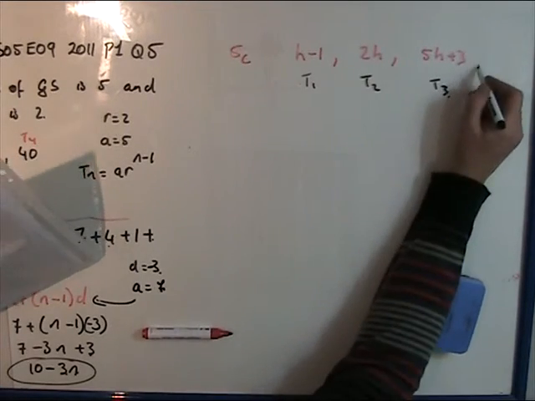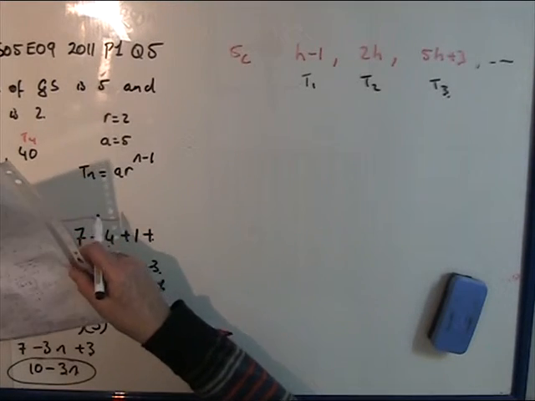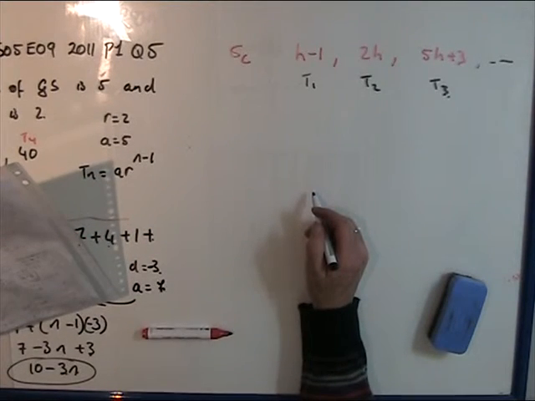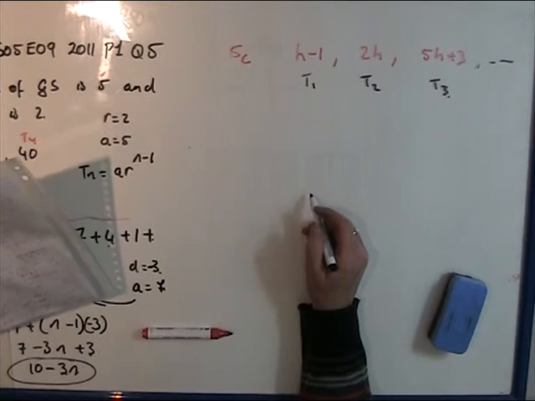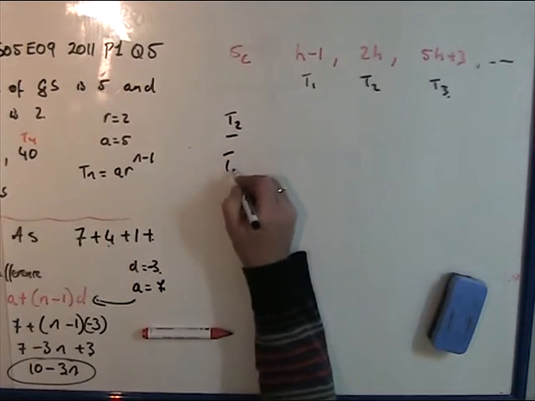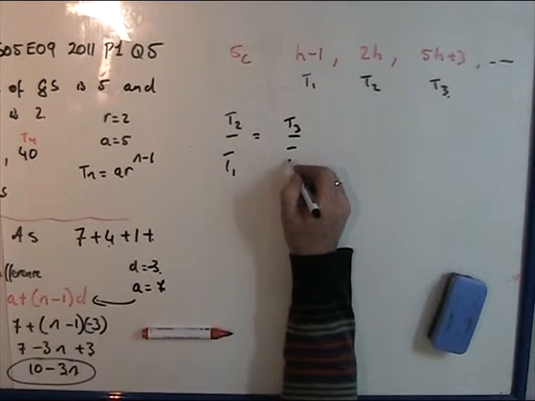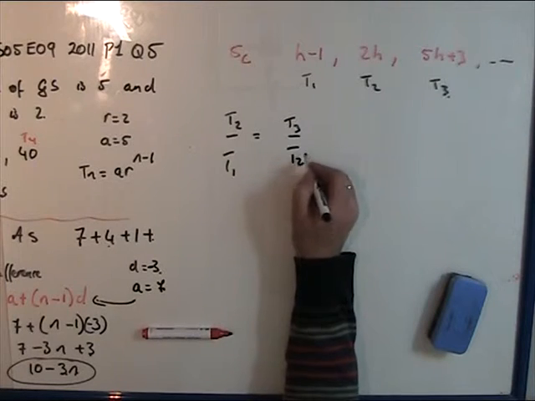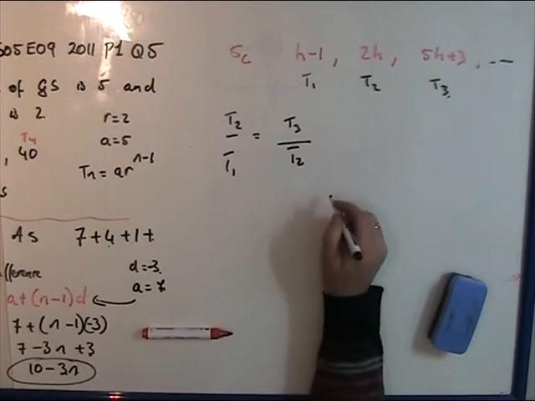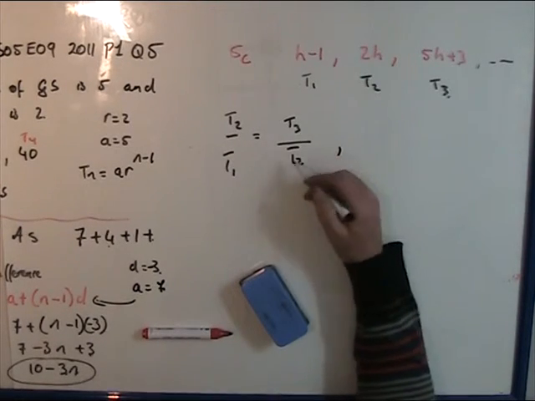It keeps going on, and it says the same thing again: find the value of h. If I find the value of h, I know my formula is T2 over T1 is equal to T3 over T2, and then I can find my values. So I put them in. This is ratios.